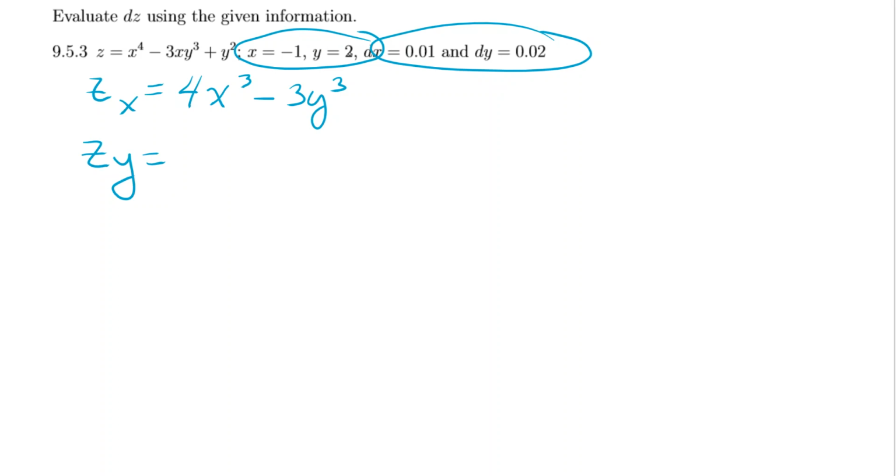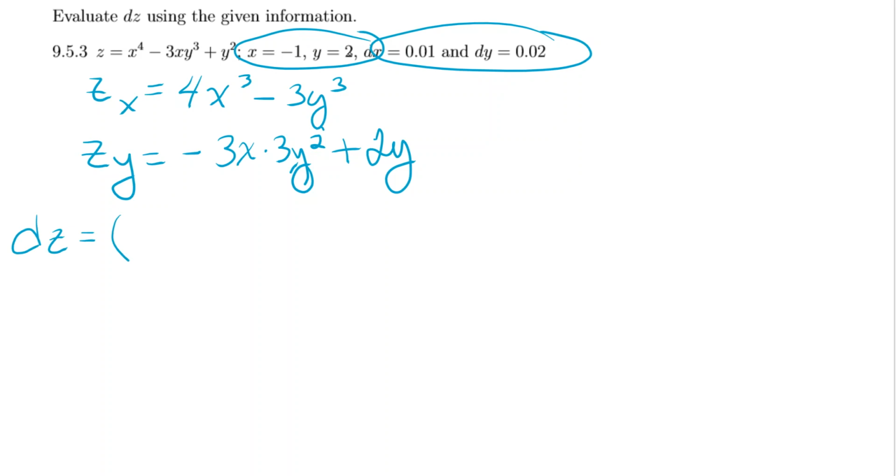For the y derivative, you'll get 0 for the first part, minus 3x times 3y squared. Anyway, plus 2y, and that's all fun and dandy. All right, and now I need my total differential, my dz.